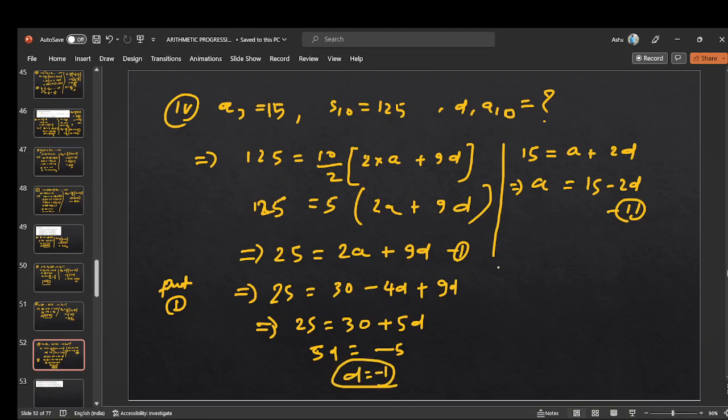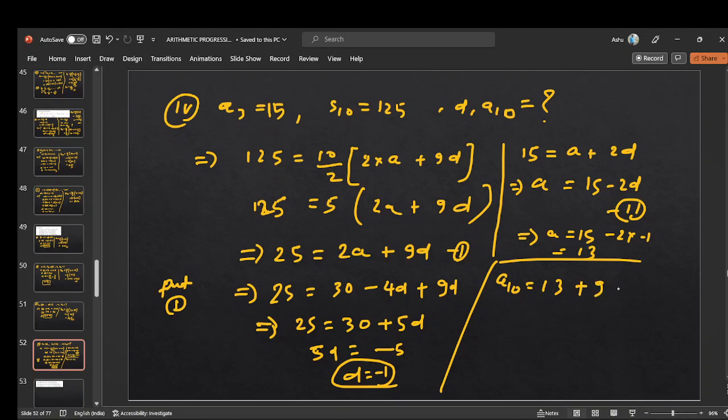Here we got the value of D. Now A10 will be A plus 9D, here we can get the value of A. A will be 15 minus 2 into minus 1, that is 15 plus 2, which will be 17. Then A is 17 plus 9D, D is minus 1. 17 minus 9, that will be 8. So A10 is 8.